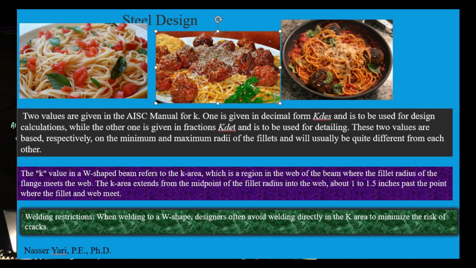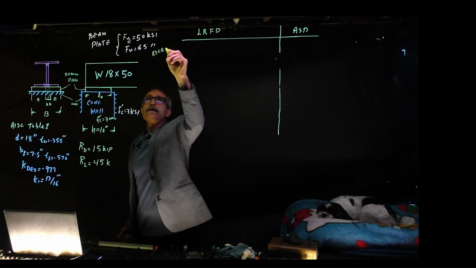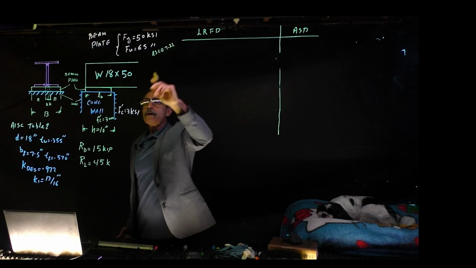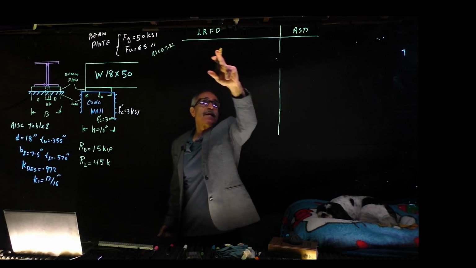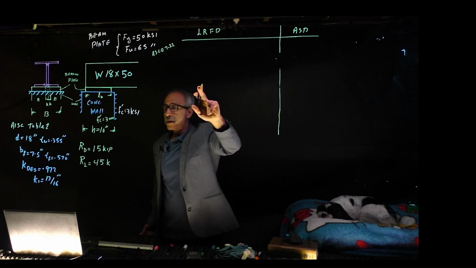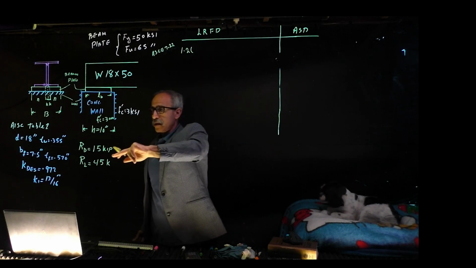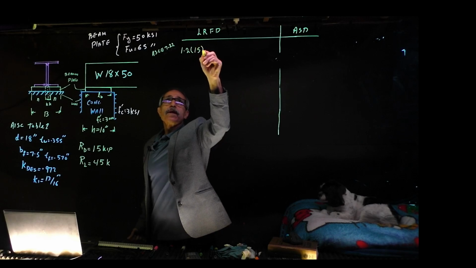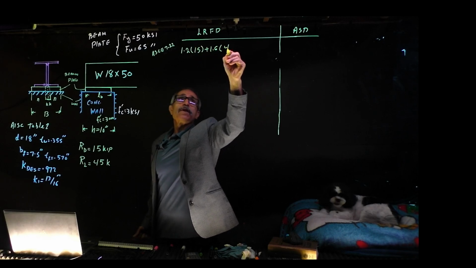One of the first things we're going to do is use AISC E7-2 to find our load, both in load resistance factor design and allowable stress design. So that is 1.2 times the dead load of 15 kips plus 1.6 times the live load of 45.